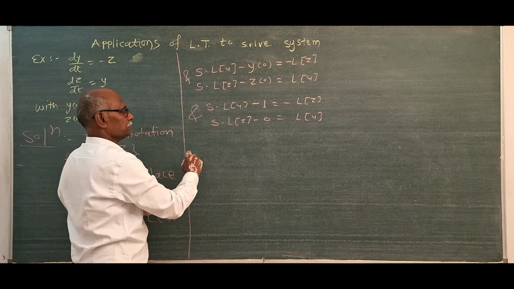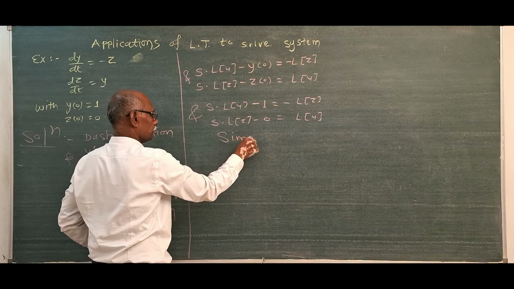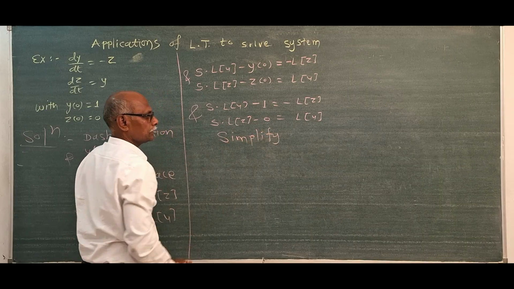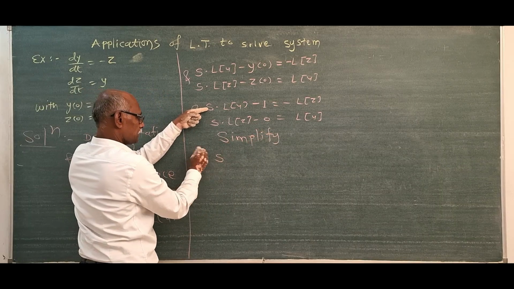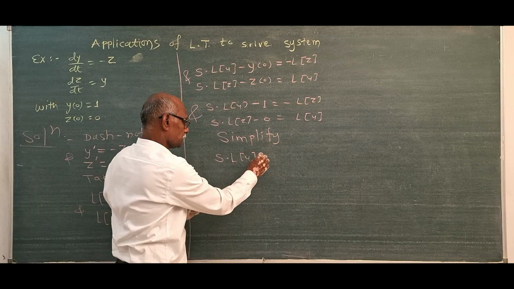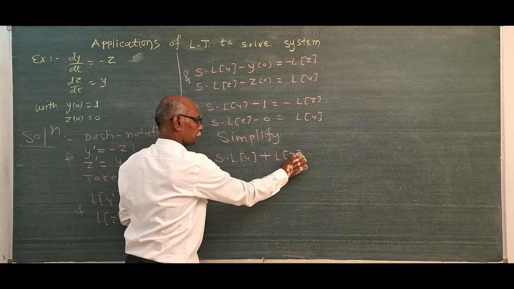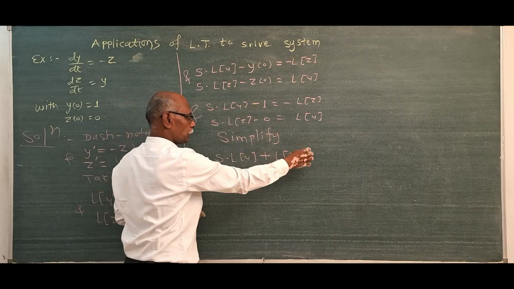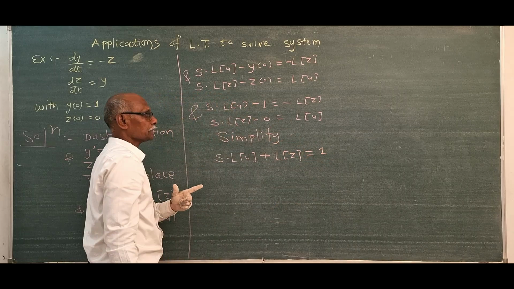And then we simplify these equations. That means here s into L of y as it is. This minus L of z we can shift to the left, and minus 1 on the right because it is a constant.